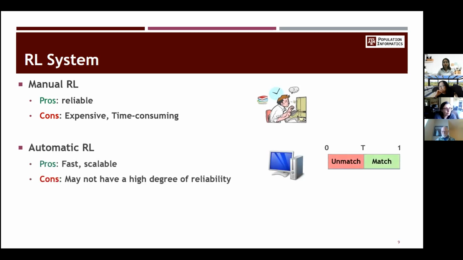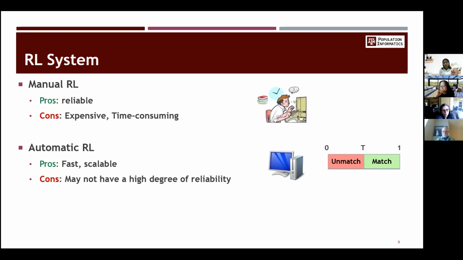The second group is automatic record linkage. In these systems, machine learning algorithms do the linkage. It is fast and scalable, but it may not have as high reliability. Machine learning algorithms actually assign a probability to each of the pairs that says, for example, these pairs are 80% matched or these pairs are 80% unmatched.